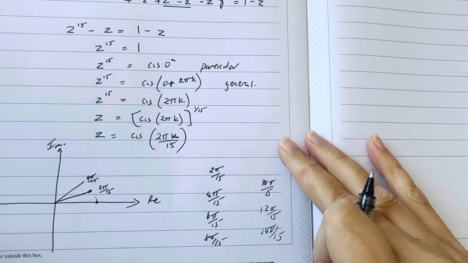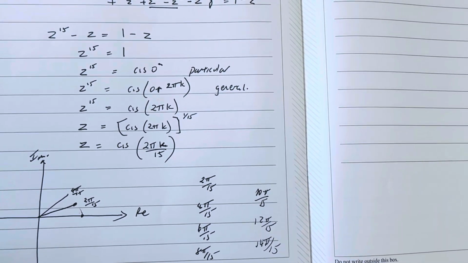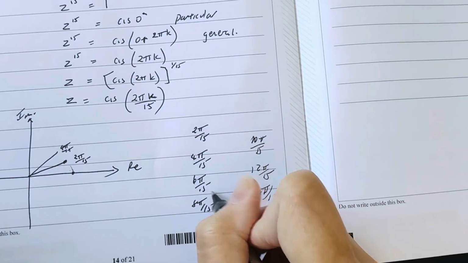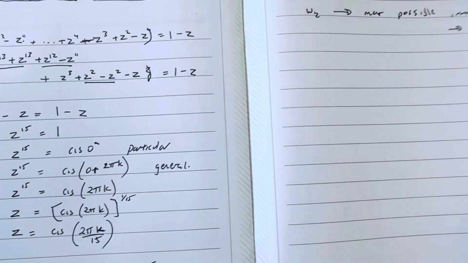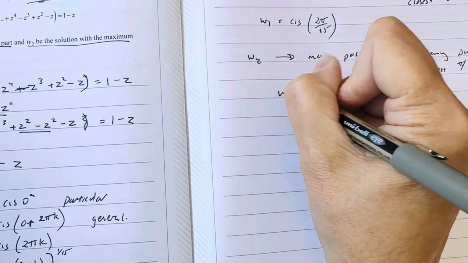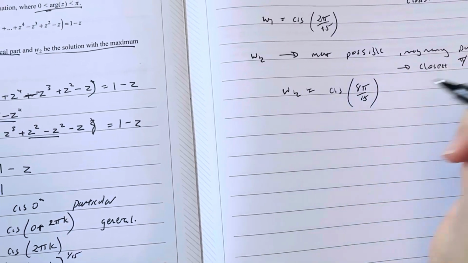Now, half of 15 would be 7.5, wouldn't it? So the closest one is going to be 8 pi on 15. There. So W2 is going to be cis 8 pi on 15.